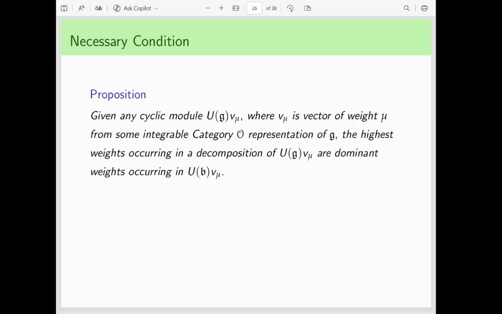And there is another necessary condition for Schur positivity, which is: given any cyclic module U(G) v_mu, where v_mu is the vector of weight mu for some category O integrable representation of G, the highest weights occurring in the decomposition of U(G) v_mu are dominant weights occurring in U(B) v_mu.